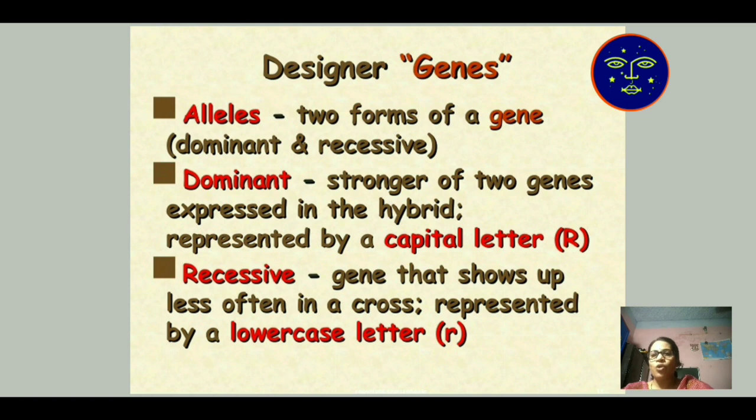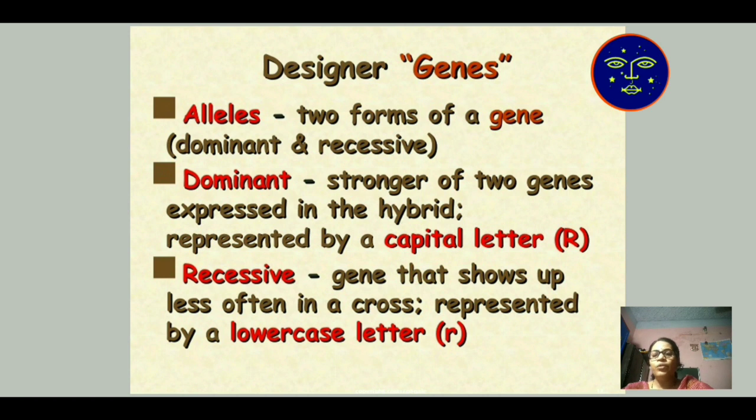Dominant means the stronger of two genes, which is expressed in hybrid form, represented by capital letter R. The recessive gene shows up less often in a cross, or is the suppressive character, represented here by small r.